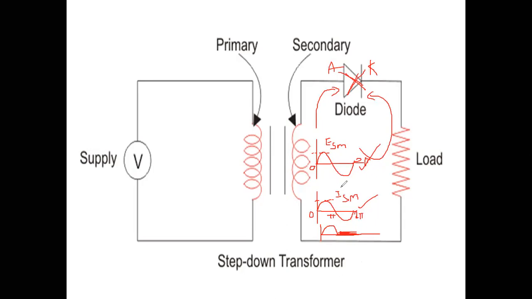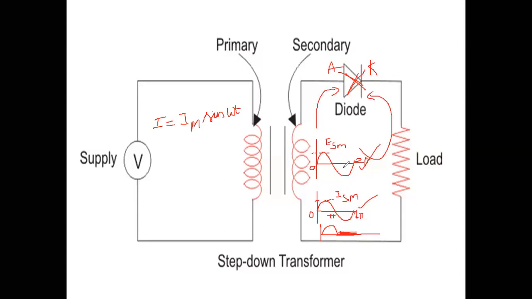Suppose this is the sinusoidal current. Then the load current I equals Im sine omega t, where Im means the maximum value of current.